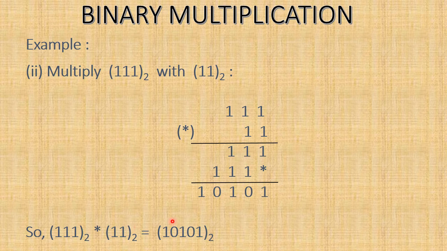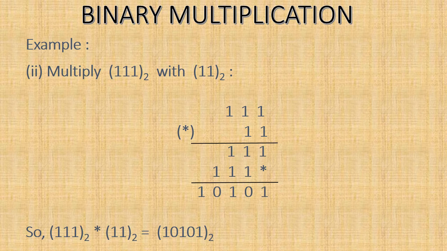Now we will add these two numbers. So 1 will come as it is. 1 plus 1 is 10, so 0 and 1 carry over. Then 1 plus 1 is 10, 10 plus 1 is 11. So again 1 will come here and 1 carry over here. 1 plus 1 is 10, so 10 will come over here.